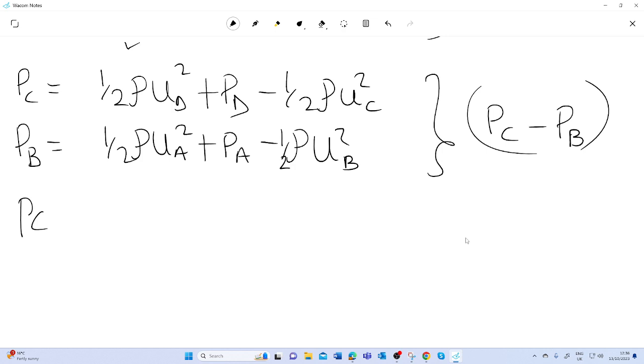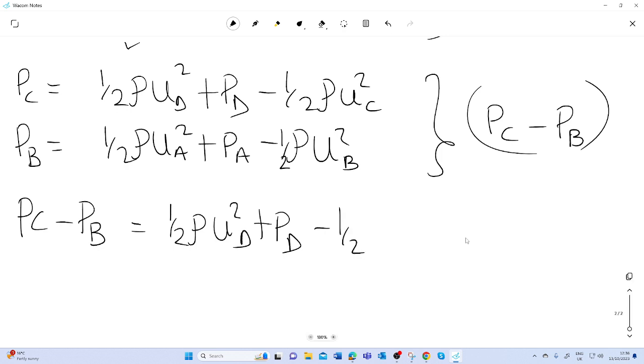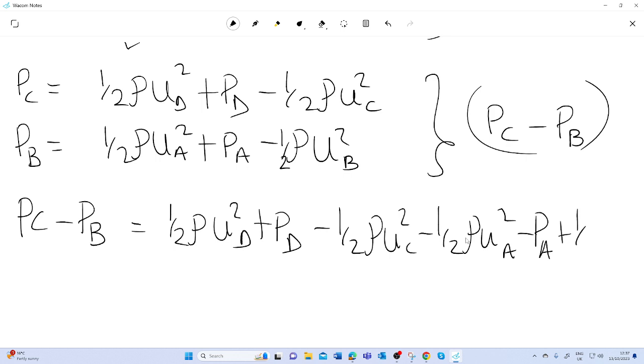So PC minus PB equals half rho UD squared plus PD minus half rho UC squared minus half rho UA squared minus PA plus half rho UB squared.